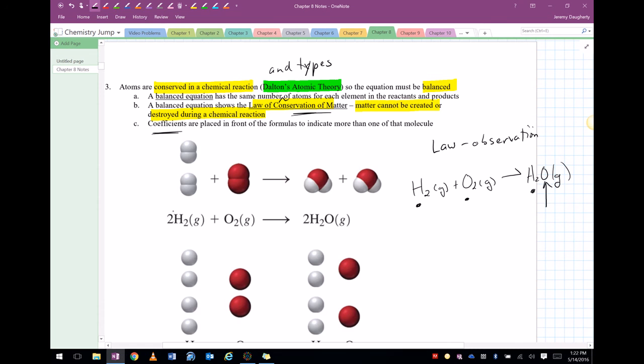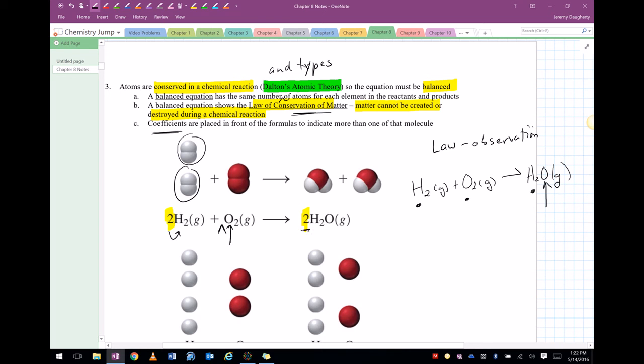Well, we have to put coefficients in front of some of the reactants and products. Okay? What the coefficient does, it multiplies that chemical, that compound. Right? So for instance, the 2 in front of the hydrogen tells me that I have 2 of these. 1, 2. Right? Now, there's a 1 in front of the oxygen, but we don't show it because the chemical symbol itself represents the 1.